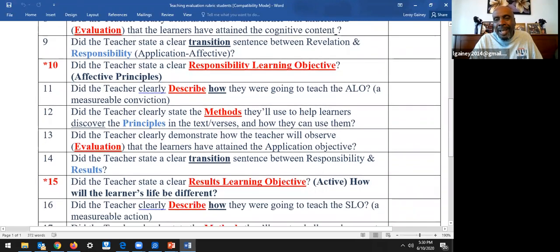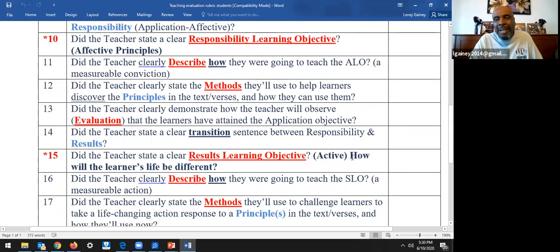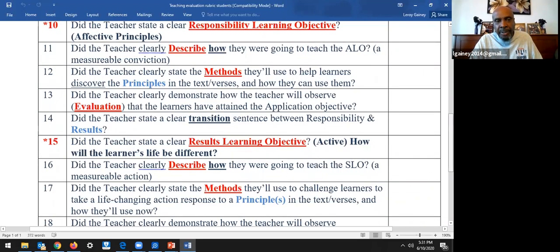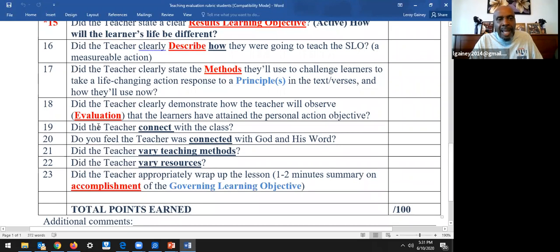And then I use the results. Again, I use A here too, active, but if you want to use another letter, notice down here I use SLO. That's just to let me know that I'm putting that in place of active, so it's not confused with ALO, but it's the same thing: learning objective, the description, the methods, and then evaluation. Then I asked, did the teacher connect with the class?